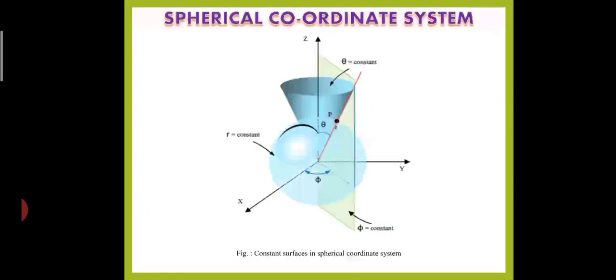The second coordinate is theta. Theta is the angle between the z axis and the radius vector r, and therefore theta is also known as the co-latitude or polar angle. The third coordinate is phi. Phi is the angular displacement between the x axis and the y equal to 0 plane. Therefore, angle phi is also known as the longitude or azimuthal angle.